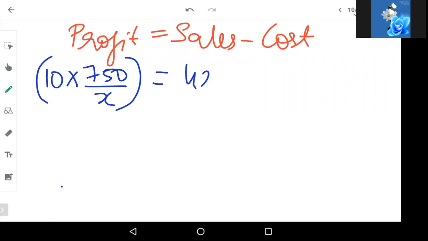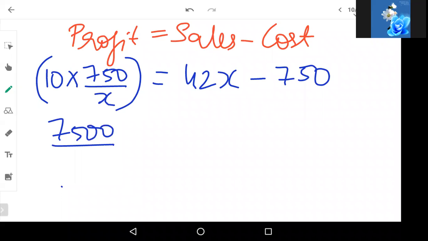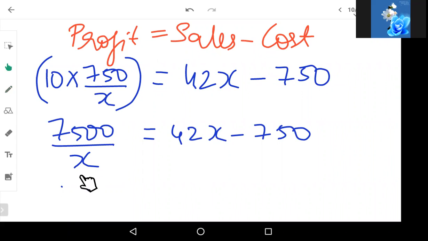Okay, now let us do the simplification of this. 10 into 750 is 7500 by x is equal to 42x minus 750. Now what I will do is I will take this x to the other side.